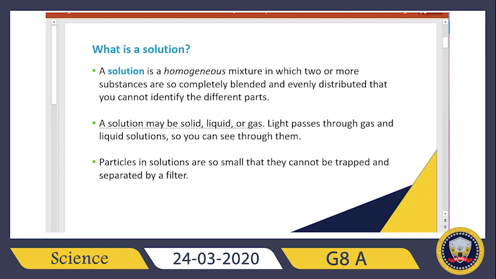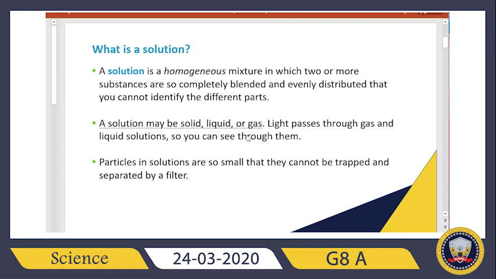We cannot identify the different parts by looking at them. A solution can be solid, liquid, or gas. It is important. You can see solid solutions, gas solutions, and liquid solutions.